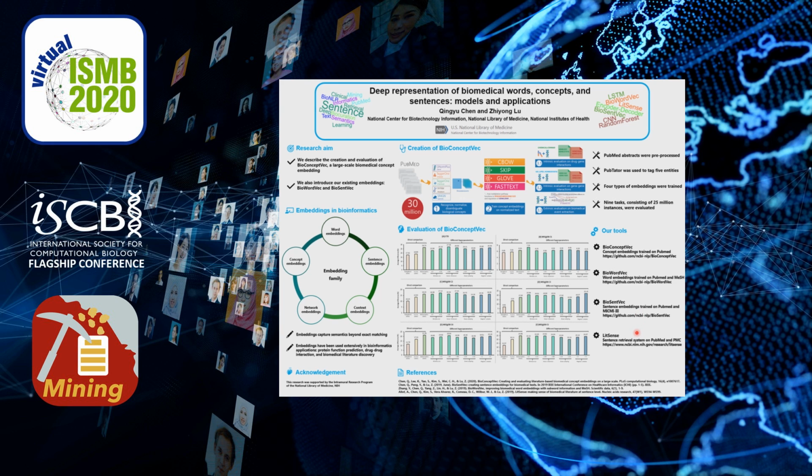And we also have a public sentence retrieval server called LitSense. You type a query, for example a sentence or passage, and then it retrieves similar passages or sentences from PubMed and PMC. All these tools are publicly available. We hope they are helpful.